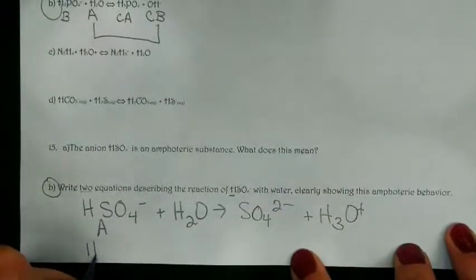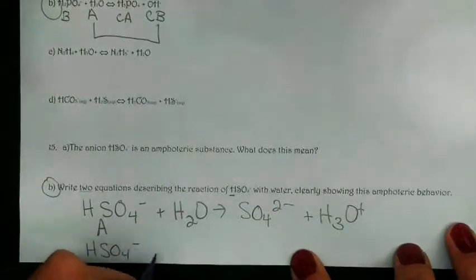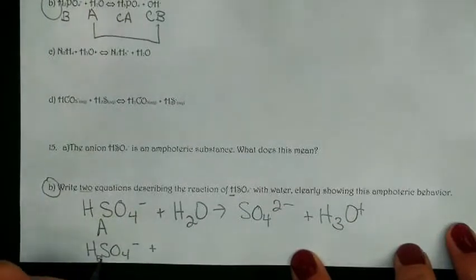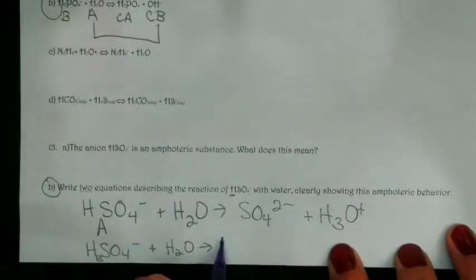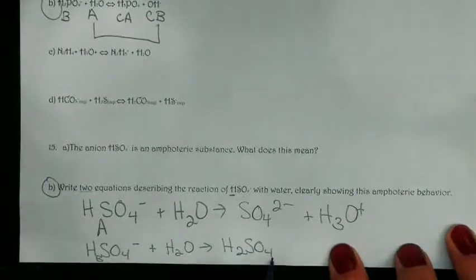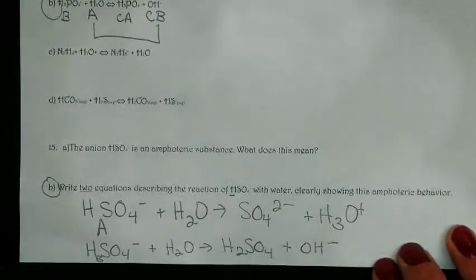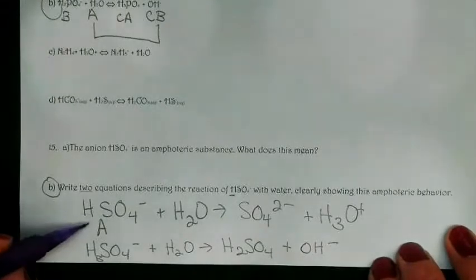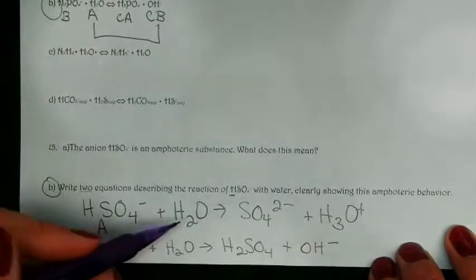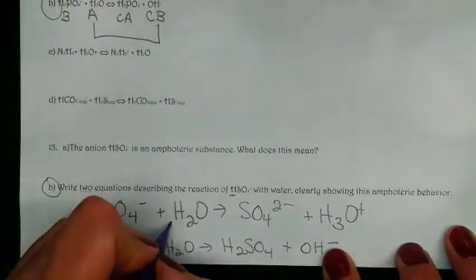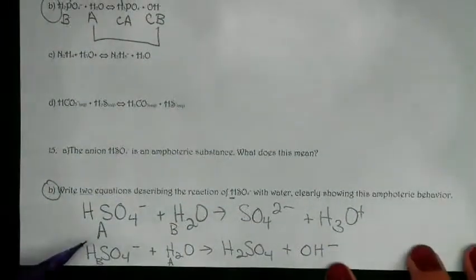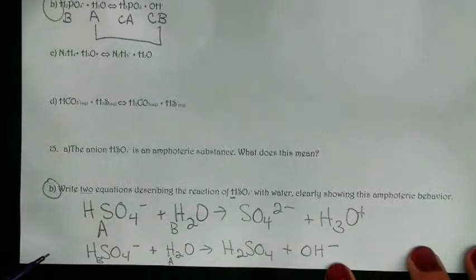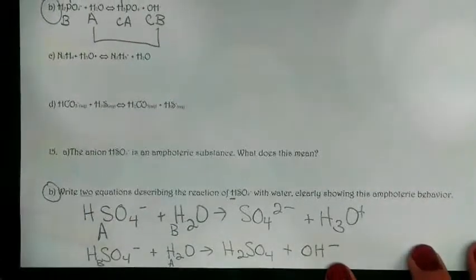And if I wanted it to act as a base, it would be taking in the hydrogen. So therefore it would form H2SO4, and we would have OH minus. So amphoteric substances can act as an acid or base. Water is a perfect example of an amphoteric substance. Right here it's a base, right here it's an acid. But there are other substances that can be amphoteric. They have to have a hydrogen in them to be amphoteric.